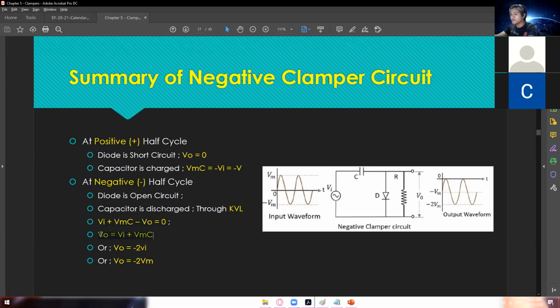Simplified further, you'll get V sub O equals V sub I plus VMC, or you can have V sub O equals negative twice V sub I, or negative twice V sub M. That's how we get the wave here below the ground level.